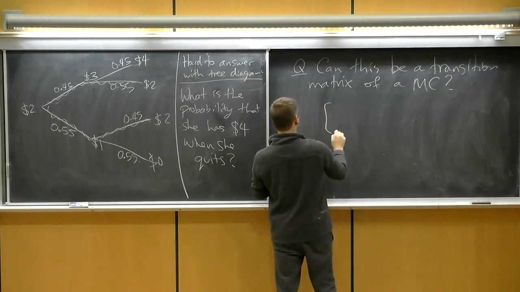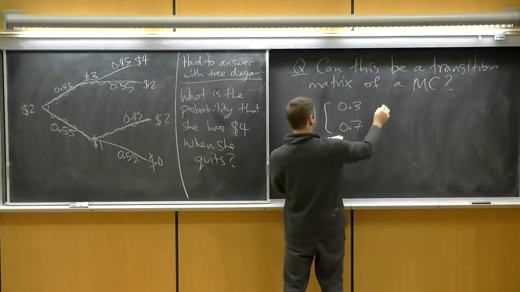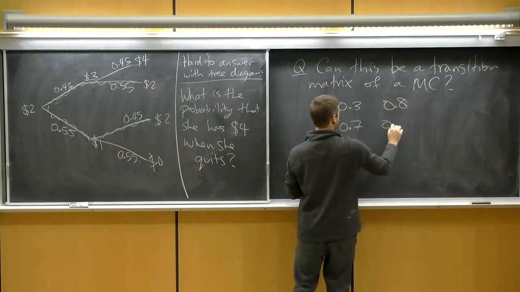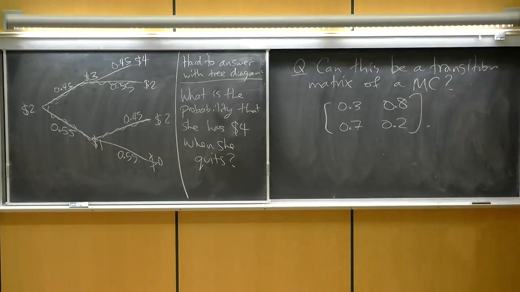What if I do 0.3? Let's think about that, and when you know the answer, give me a thumbs up or a thumbs down. Could that be the transition matrix?